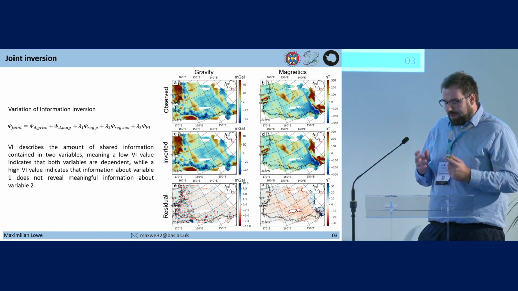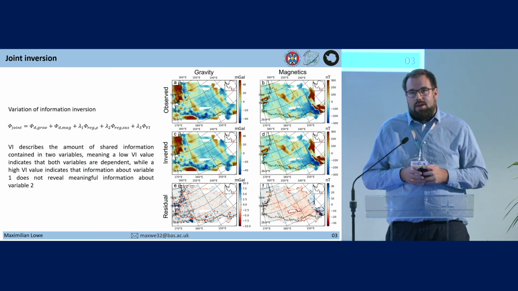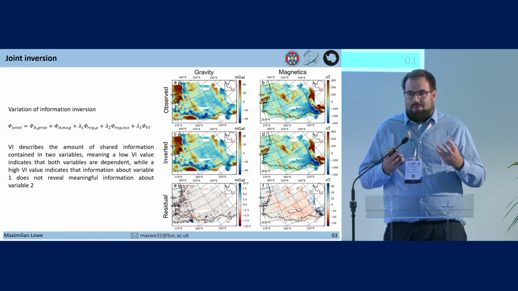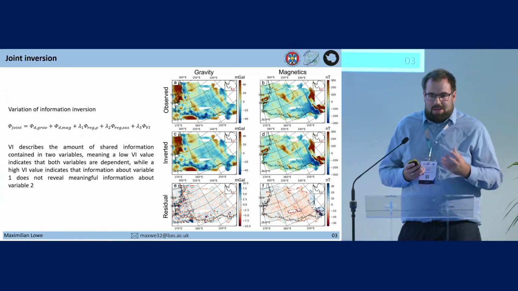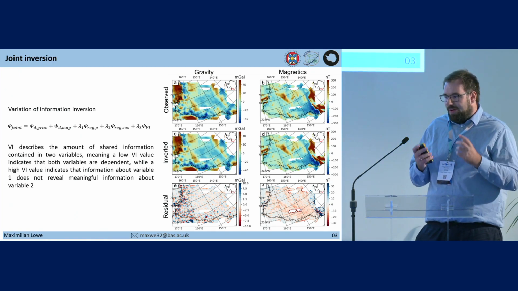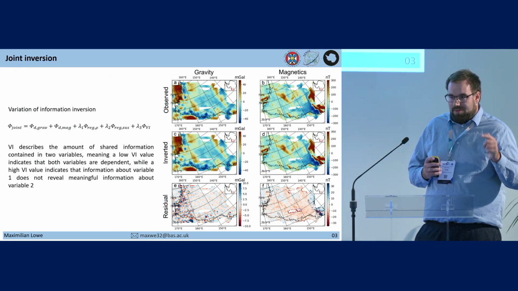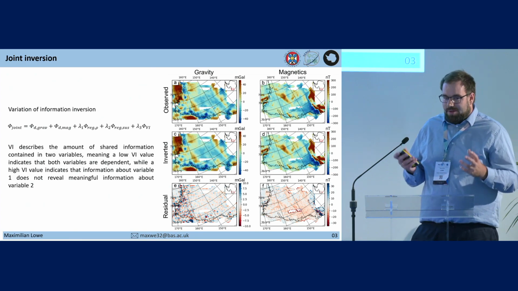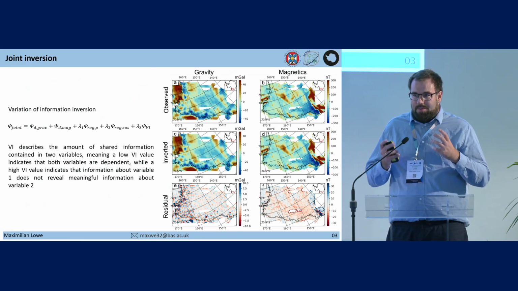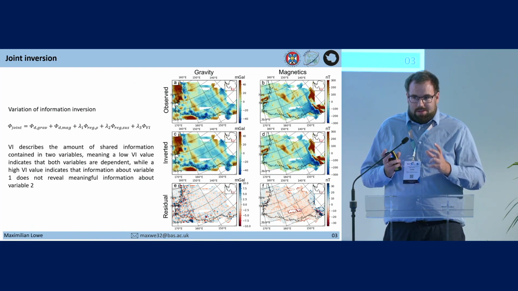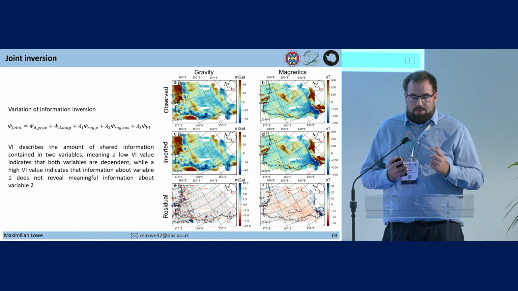That's because we assume that a geological rock province, a rock that has a susceptibility and a density value, should explain both the gravity and magnetic field. So we want a coupling between both, so that we find identical geometries in both models.